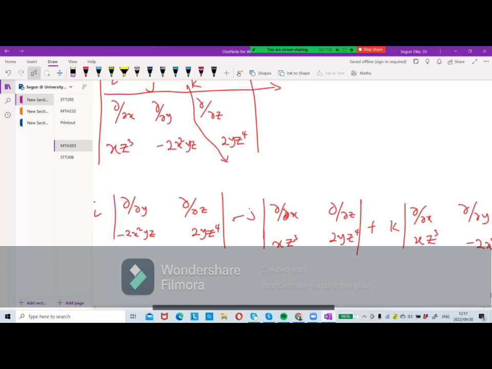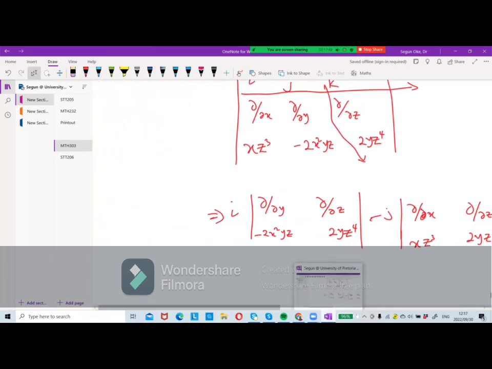Okay, so that's the beauty of this work. You have to do it one after the other. So you pick them, the i will be, open the big bracket, let them multiply themselves.